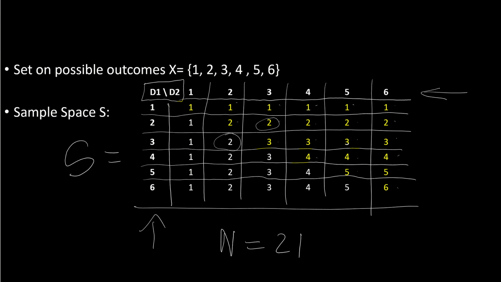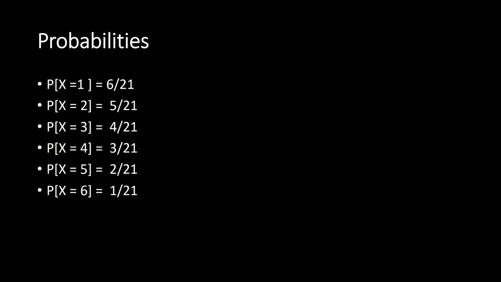To find the probability of getting x equal to 1, you just count how many of these yellow elements are ones. You get 6, so n of 1 equals 6, n of 2 equals 5. This is the number of times that we get 1, and this is the number of times we get 2. To get the probability, you divide by the total number.